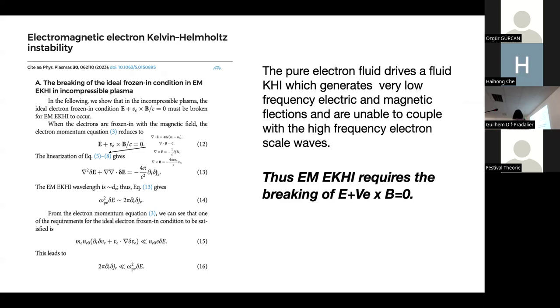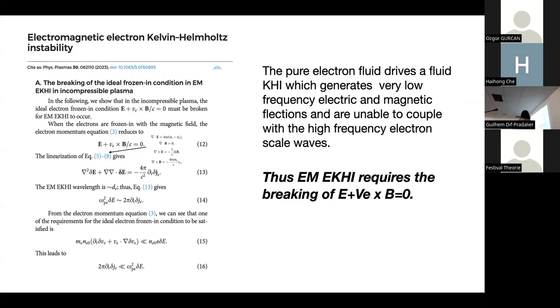So this leads to this directly from the momentum equation. The contradiction of 14 and 16 means the ideal frozen-in condition has to be broken when the EM instability is triggered. Of course, before that, the frozen-in condition can be valid.